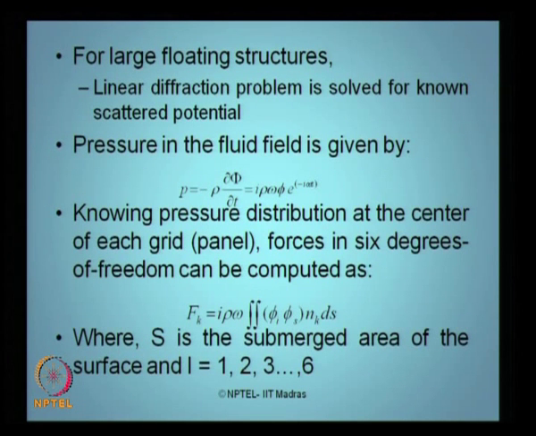So you have to find the pressure distribution at the center of each grid element into which you have divided the whole structure, in all degrees of freedom independently at each component. You work out the pressure in the fluid flow with this equation, where i is for every degree of freedom independently.